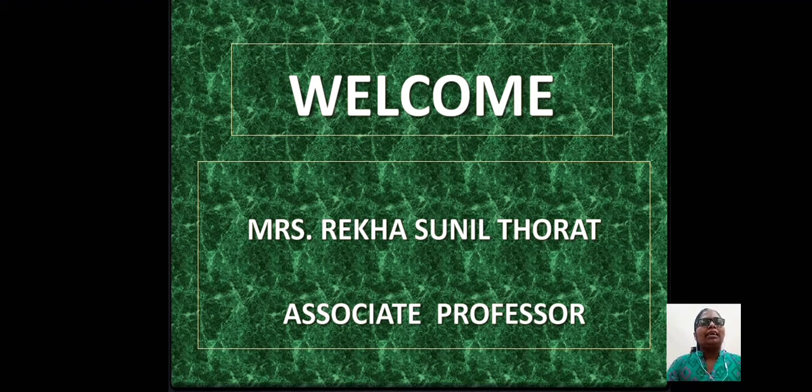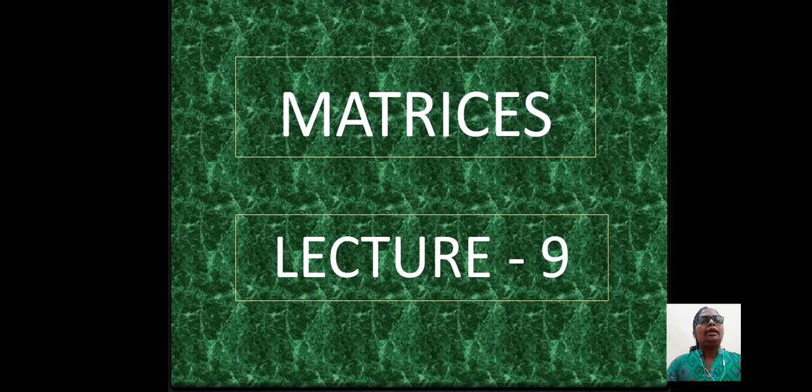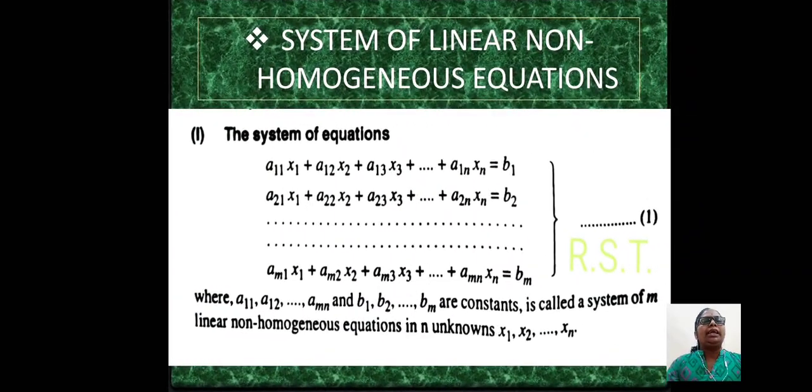Today, I am going to discuss with you system of linear non-homogeneous equations. Consider the system of equations. a11x1 plus a12x2 plus a13x3 plus dash dash dash plus a1n xn equal to b1.